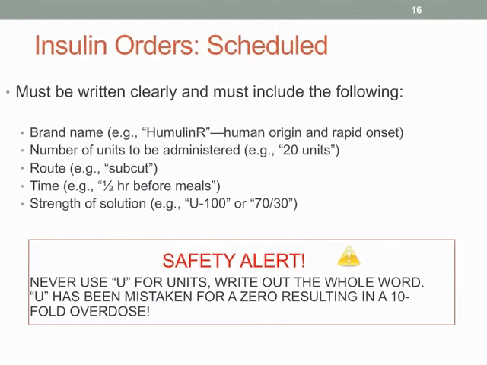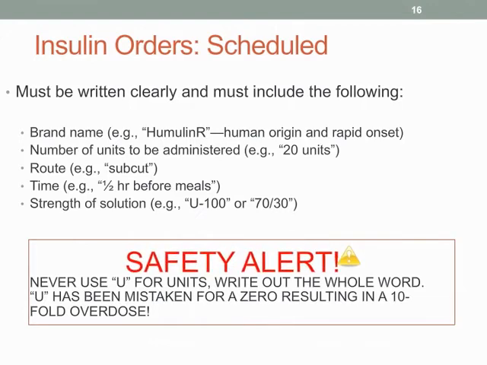Those are usually for very sick patients. The time it's to be administered, and the strength, U100 or a premixed 70-30, as we mentioned before. And of course, there's one more option, which would be U500. Again, never use the U because it can be misconstrued as a 0.